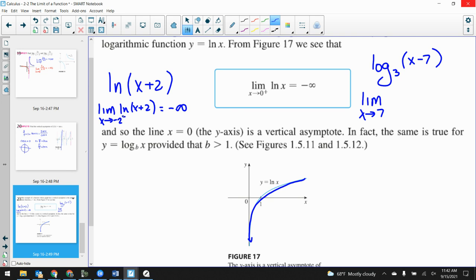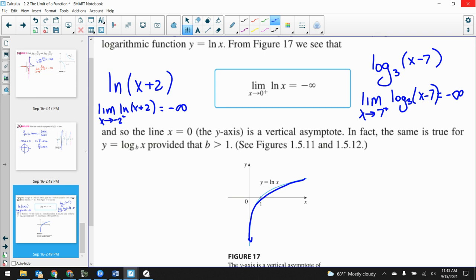I should say on the right side of that. I should put a little plus sign here because does the limit exist on the other side? No. So as the limit as x approaches 7 from the positive direction of log base 3 of x minus 7, we would say that still goes down. No matter what base I choose, it's still going to go down infinitely.